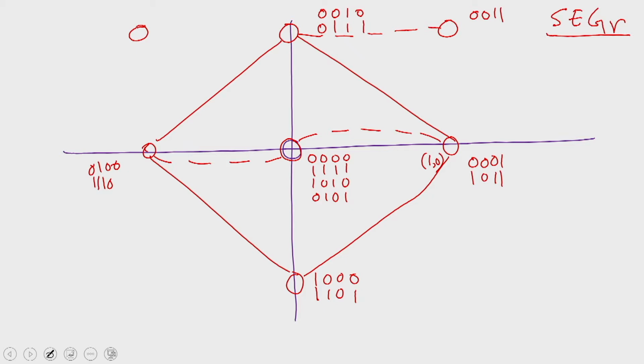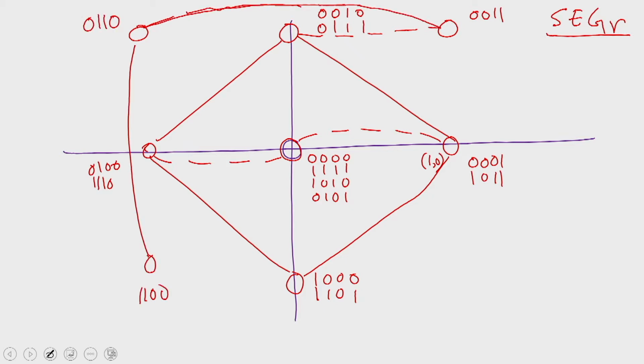Rotating from 0011, so this is a shuffle edge. So, these are the shuffle edges involving 1100 and its cyclic rotations.